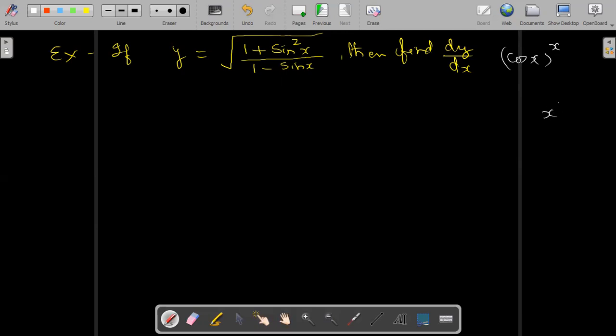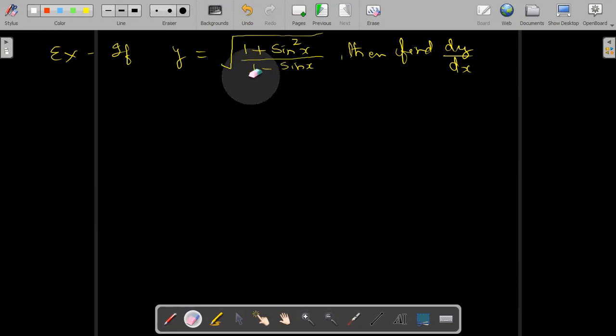You have the formula for x to the power n and a to the power x, but you don't have any formula where function to the power function is there. So in that case we cannot go any other way. We have to do it by using log.